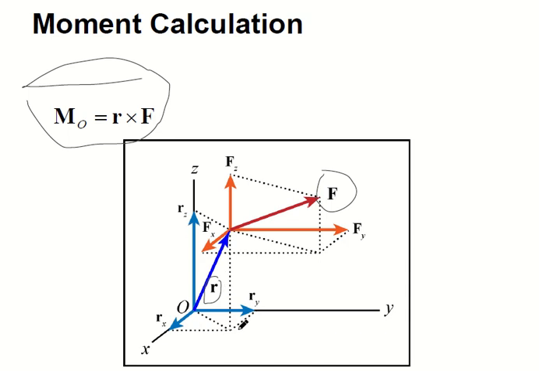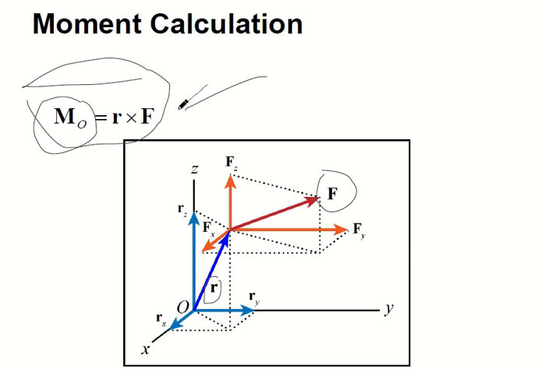We're going to break it down into three components because we have three axes. We do the same thing: Fx, Fy, and Fz, and then Rx, Ry, and Rz, okay? Of course, your final moment about the origin is going to be R times F.